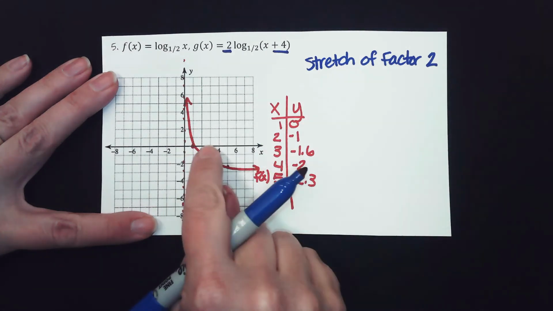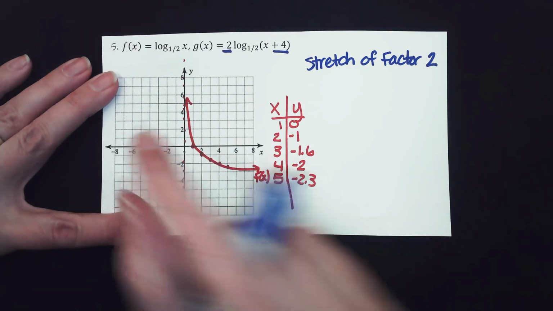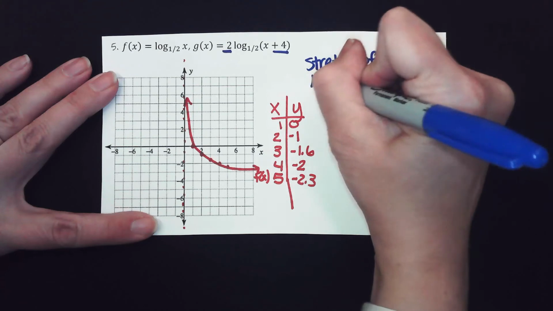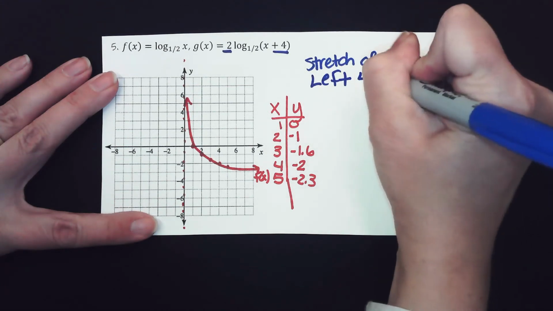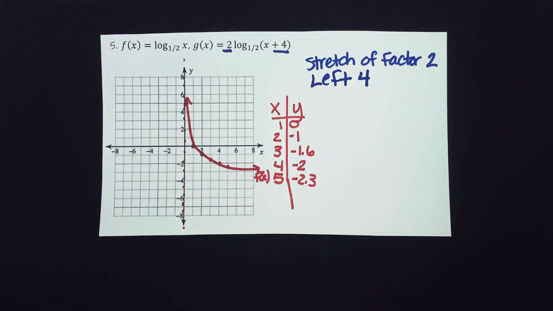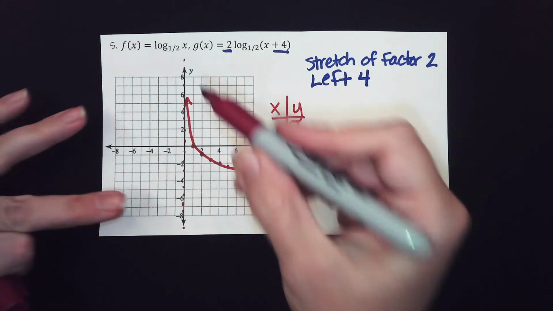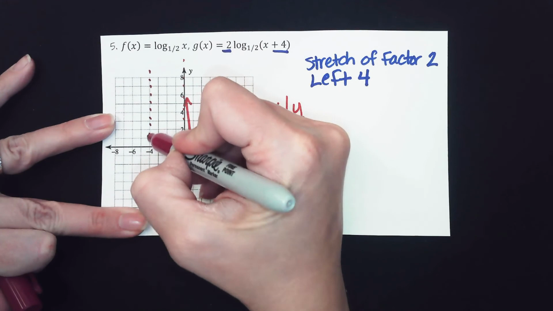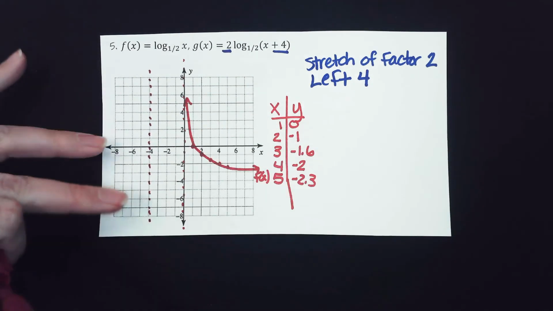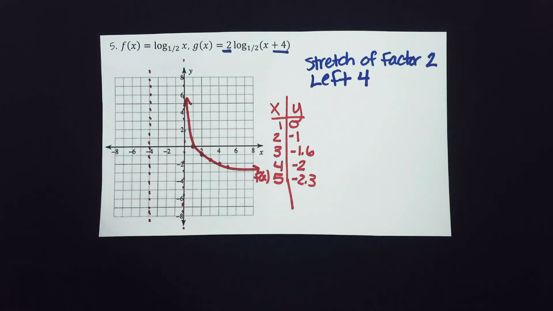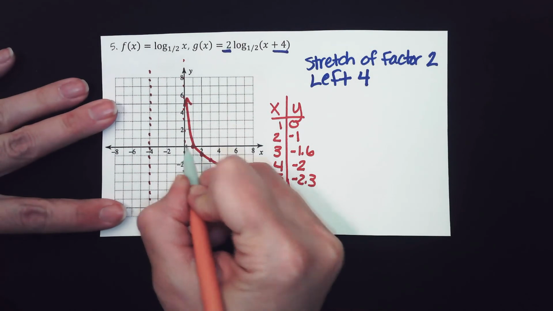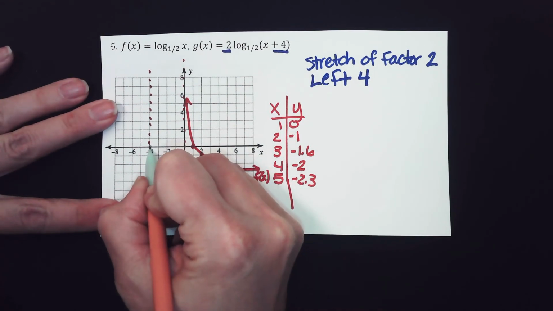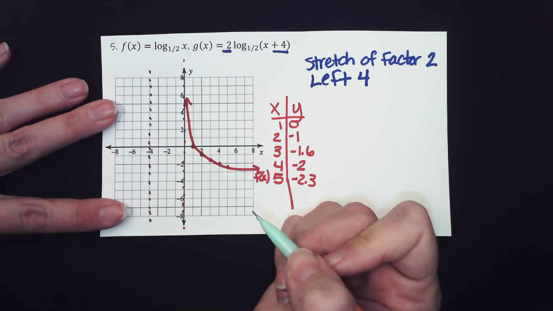So instead of going plus 4, we do the opposite. We go minus 4, which would be left. And what that does is that's going to move this asymptote left 4. So our asymptote is now here. There was no moving up or down, so that means instead of 0, 0 being here, 0, 0 is right there.